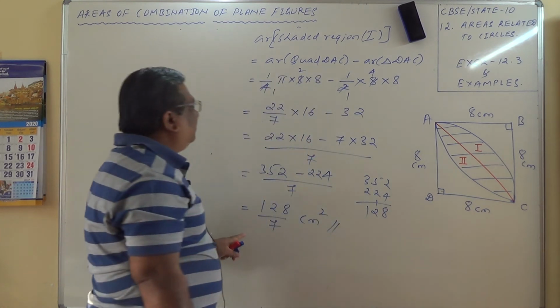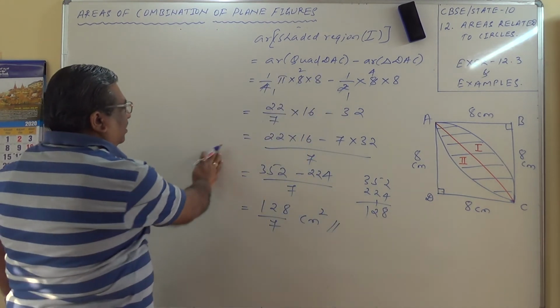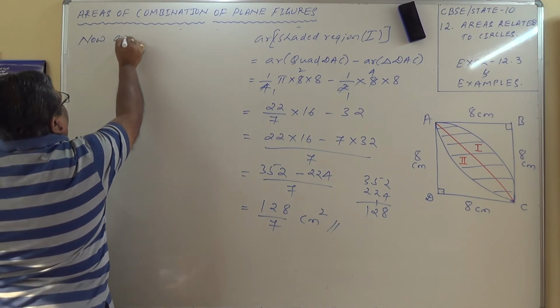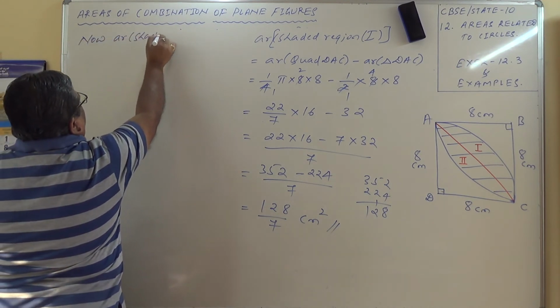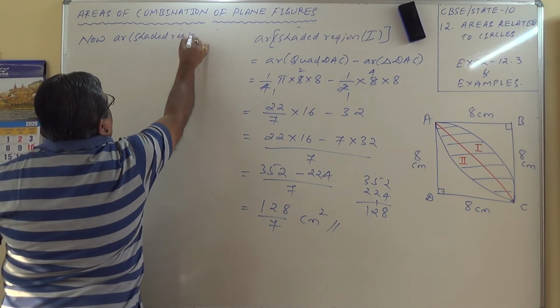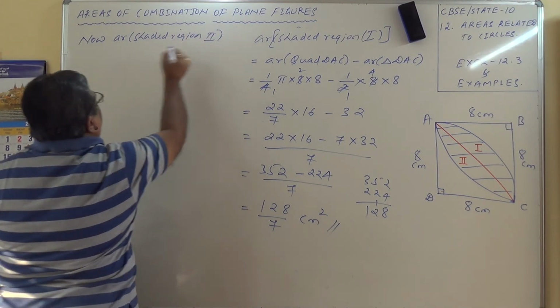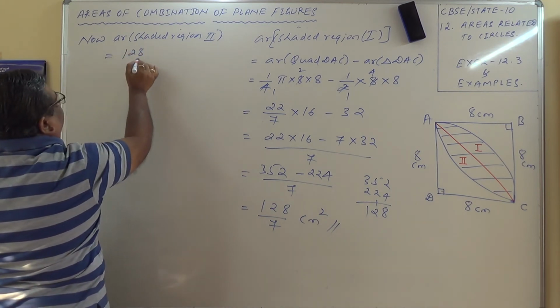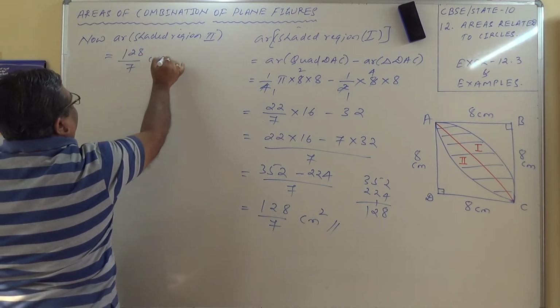What about the area of the region 2 also? Now area of shaded region 2 is also equal to 128 by 7 square centimeter.